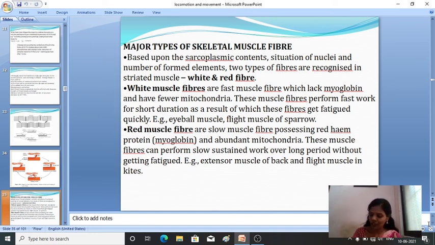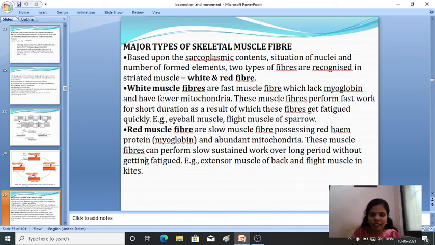Then red muscle fibers. These red muscle fibers are slow fibers possessing the red hemoprotein. They have red hemoprotein, myoglobin protein, and abundant mitochondria are present.